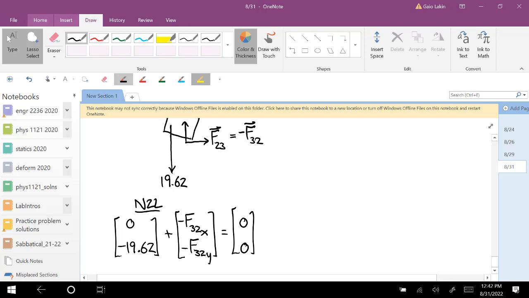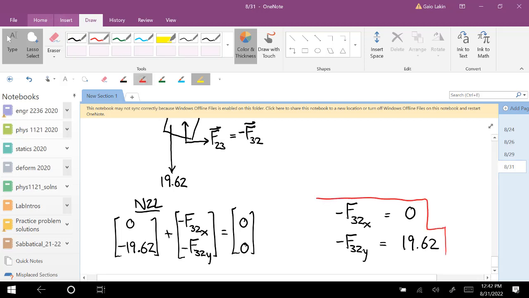And this tells us that negative F32x is equal to 0, and negative F32y is equal to positive 19.62. That's our 5th and 6th equation.